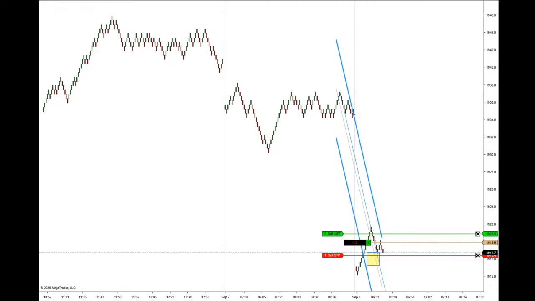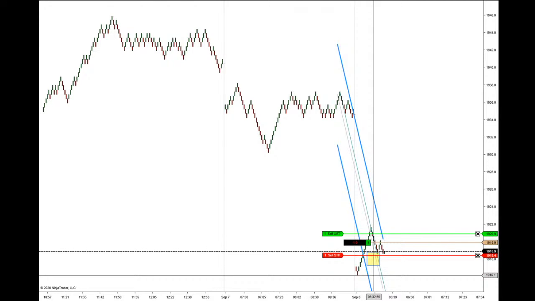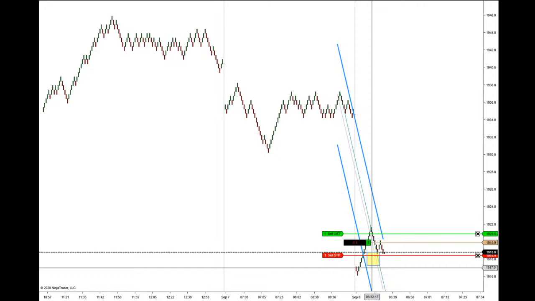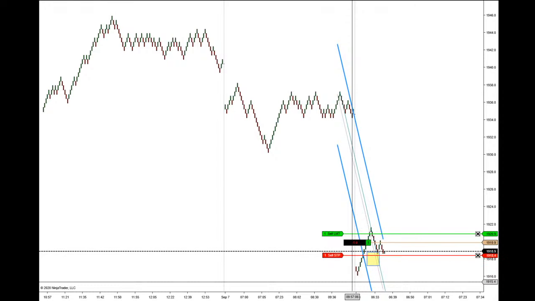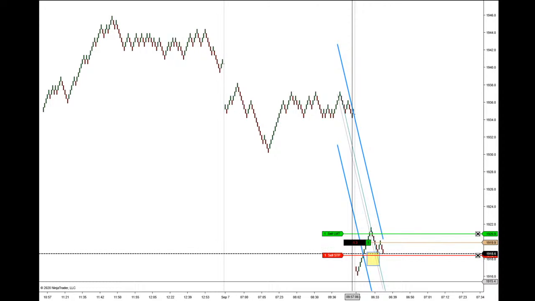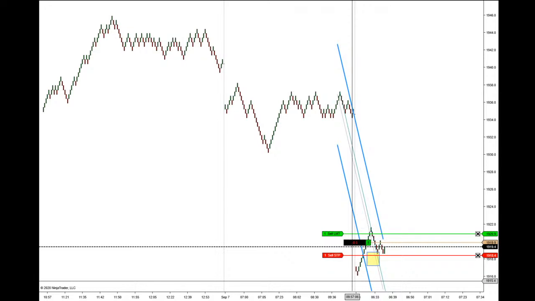Oh, may take us out here. Oh, that was close, but we may get taken out here. If this is just a correction, they may completely forget about this gap on the upside and just close it another day.